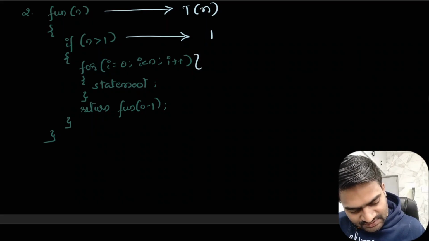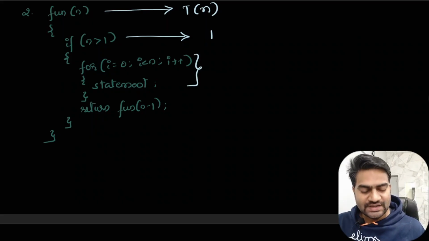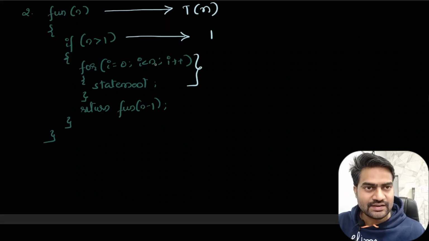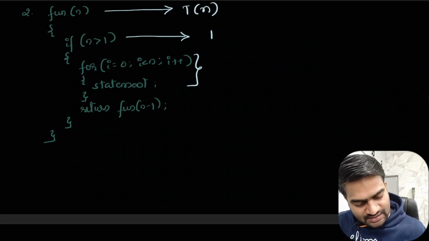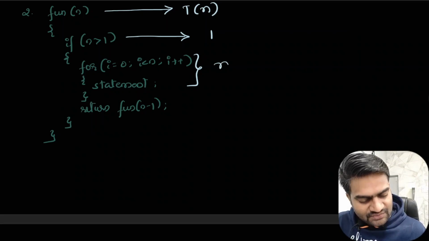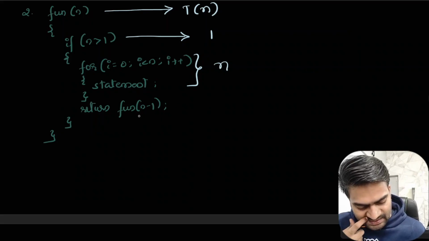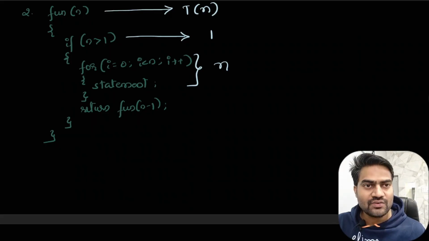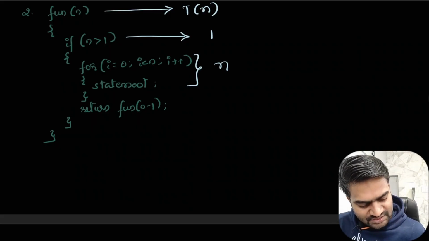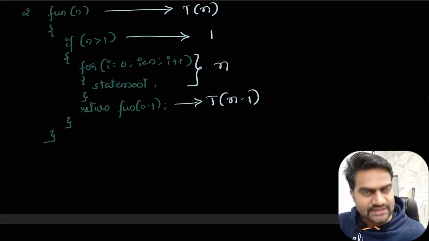And then this is a for statement, right? It will execute from 0 until i becomes n. So it executes n times. Then it will call function n minus 1. So if t of n is the time function for function n, then for function n minus 1 it can be t of n minus 1.